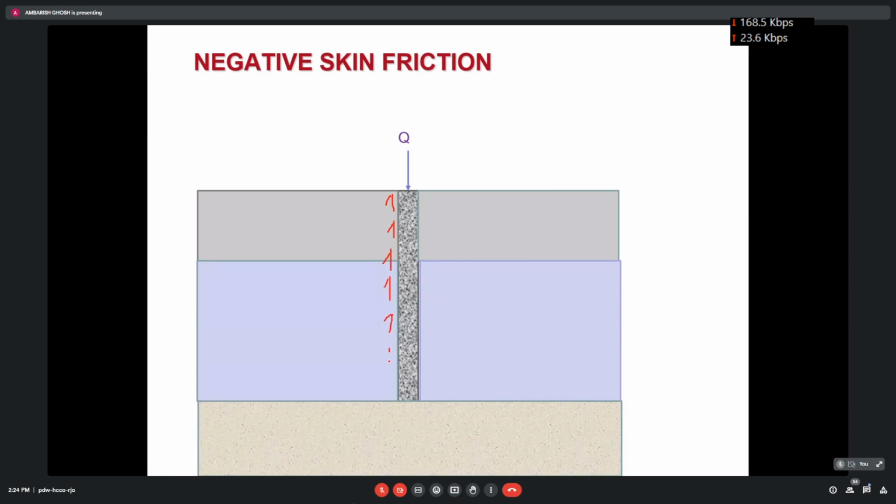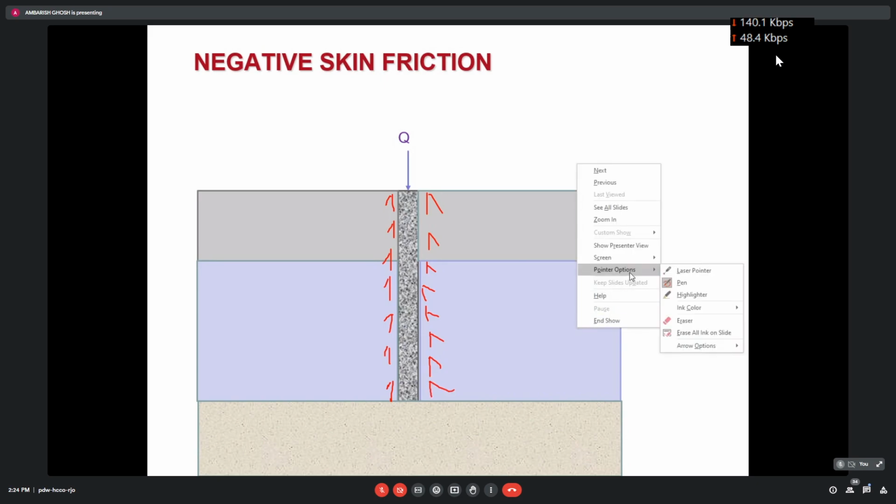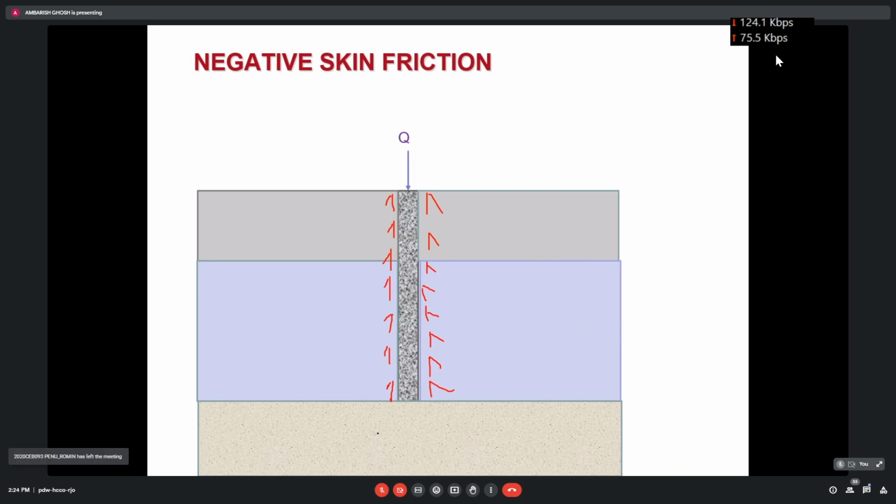This is the skin friction, and this is your point bearing.